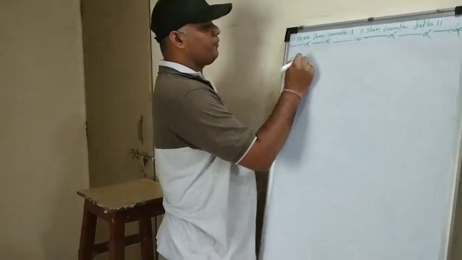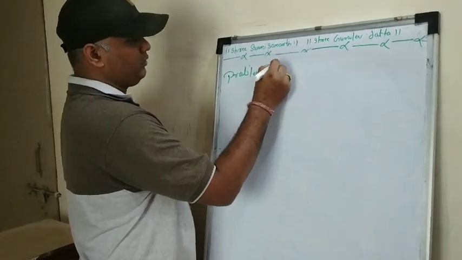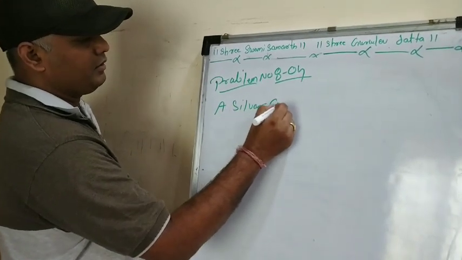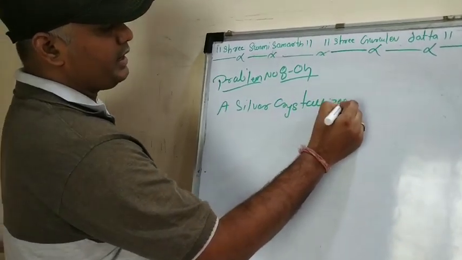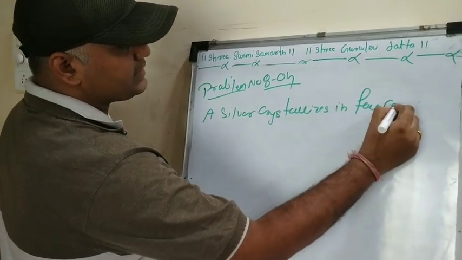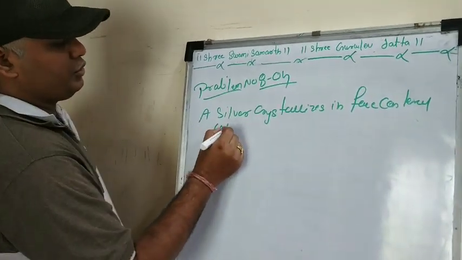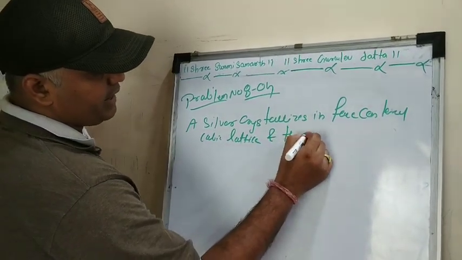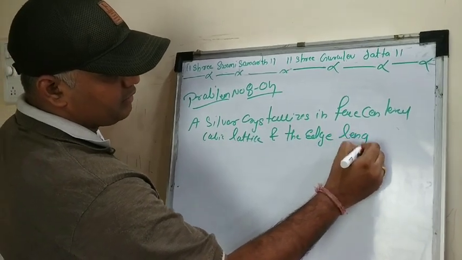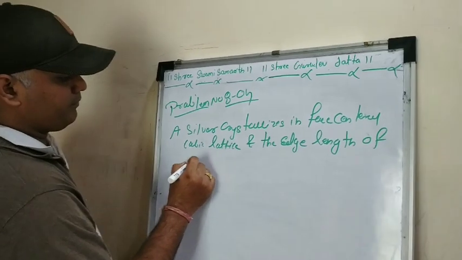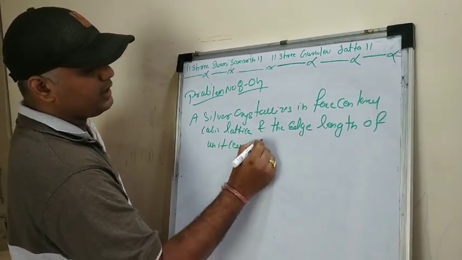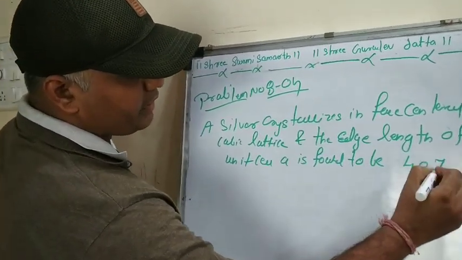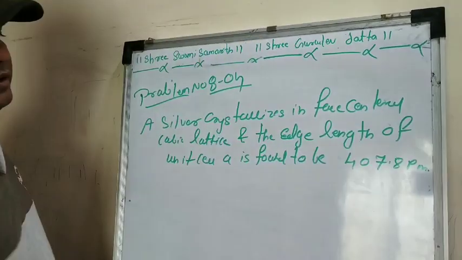Problem number 4. In problem number 4, silver crystallizes in face-centered cubic lattice and the edge length of unit cell a is found to be 407.8 picometer, right?